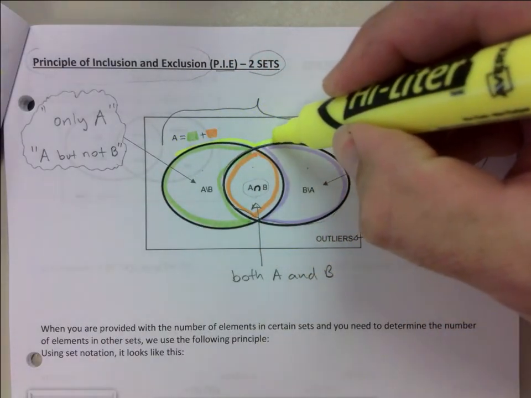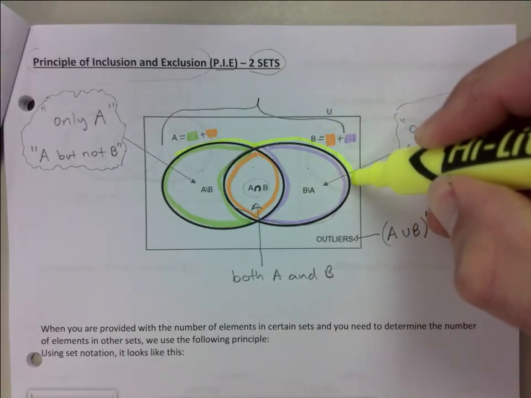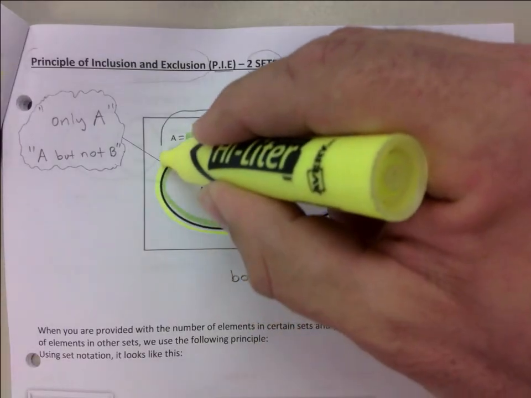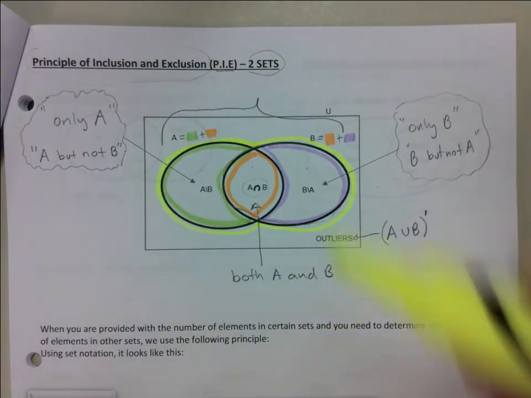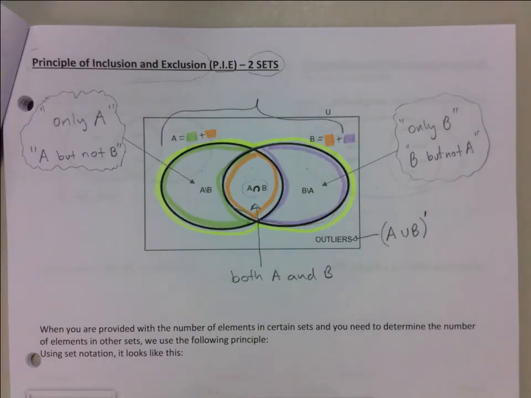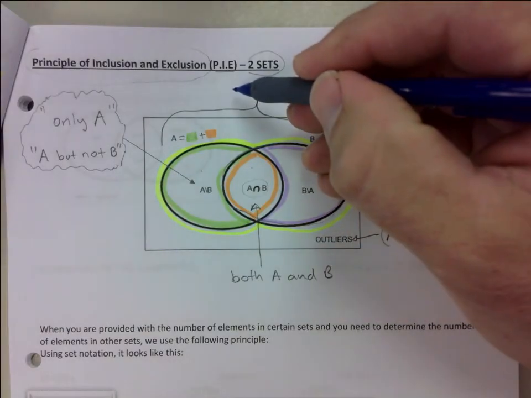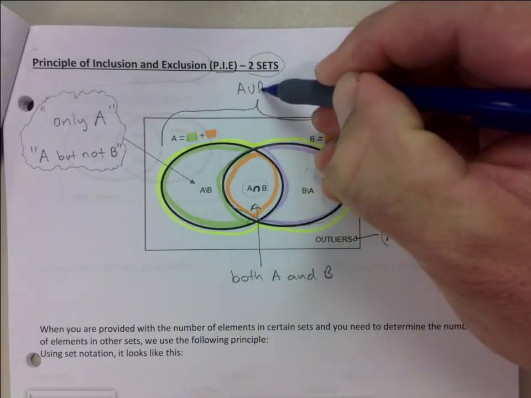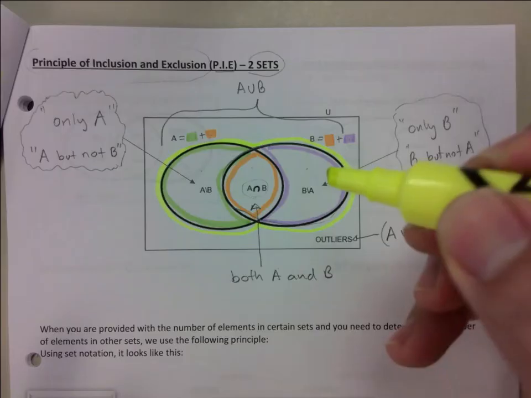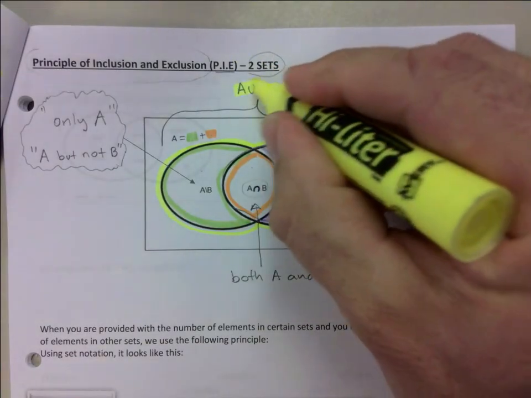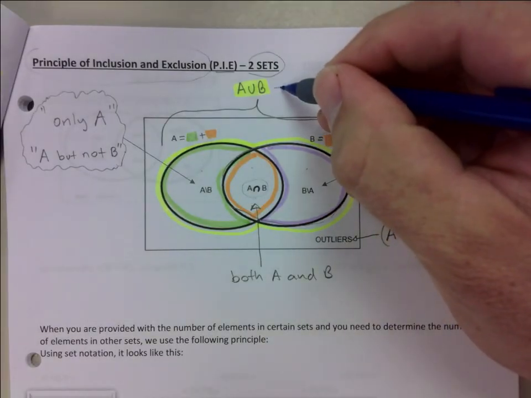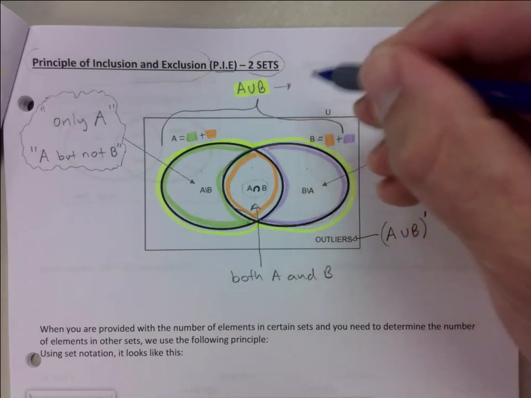If you wanted to talk about students that are in either of those, that's this one that I'm going to just refer to here. We call that A union B. Okay, so I'm going to highlight that with that color, and I'm going to tell you how we refer to it using words.